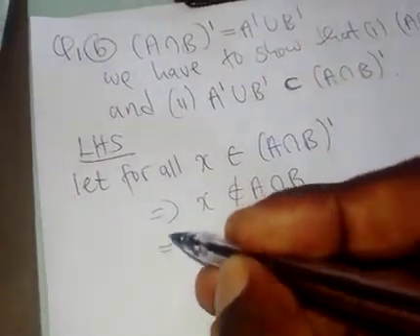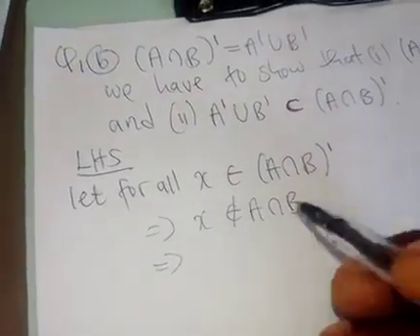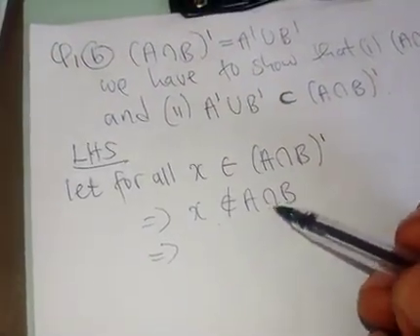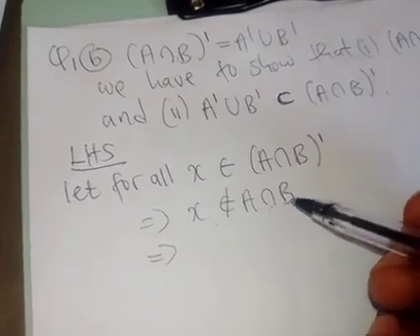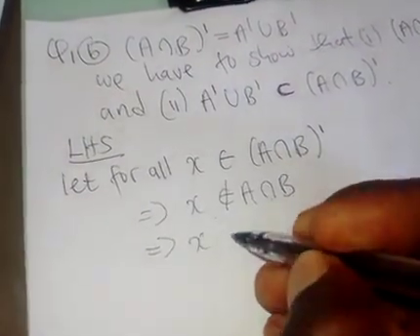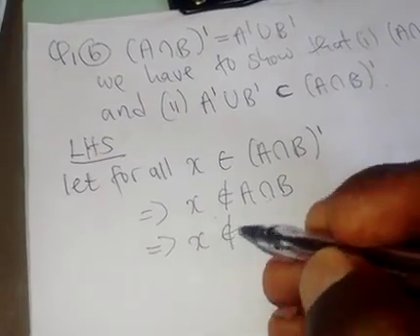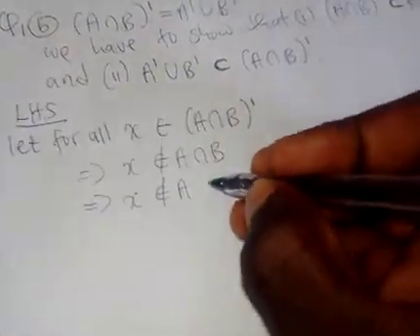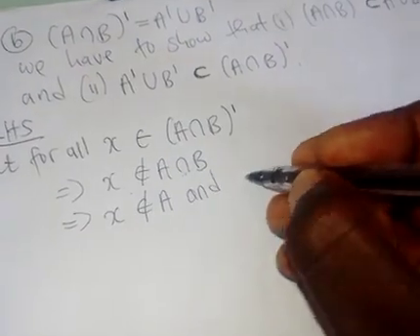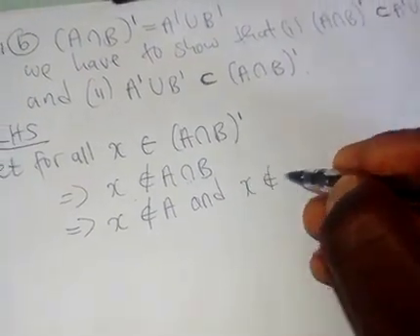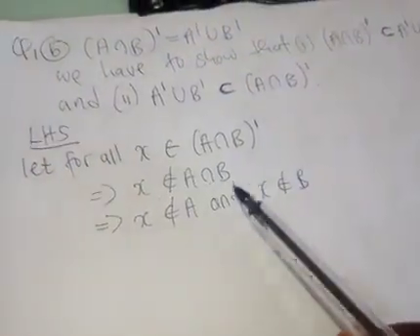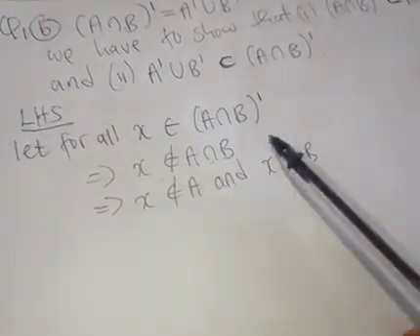Then from there, this will imply that, so let's separate this. We have intersection. To separate them, we use and. So x is not a member of A, and x is not a member of B. Because of that intersection we use and.